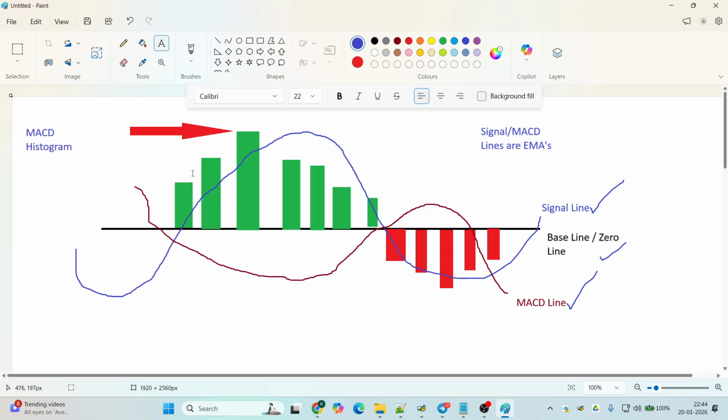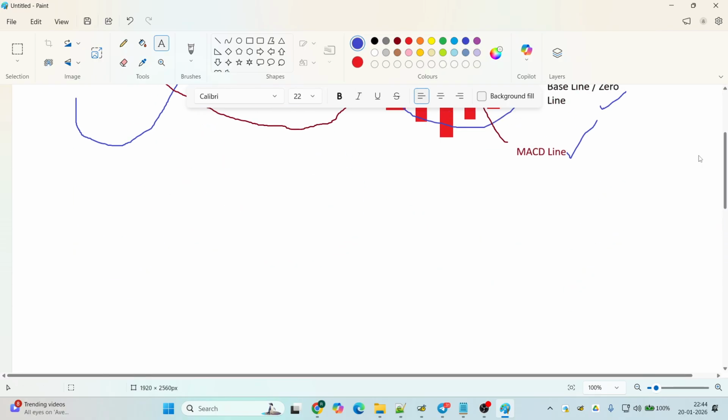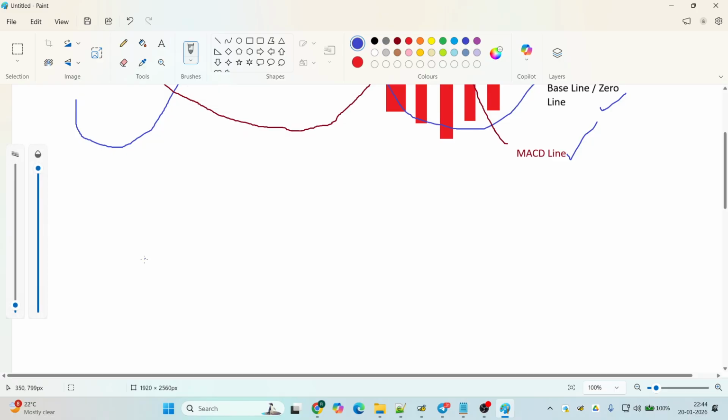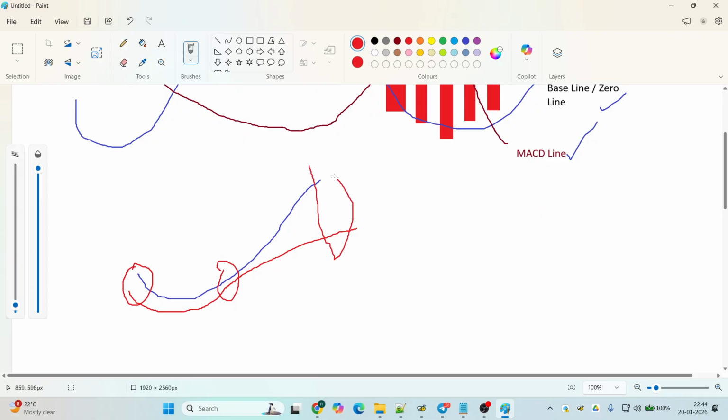Now, how are these lines calculated? Just imagine that this is one moving average, and this is another moving average. At this point, this is the first point, this is the second point, and this is the third point.